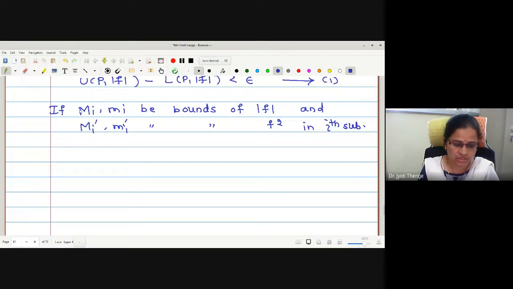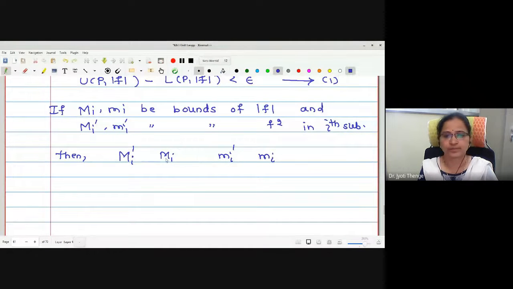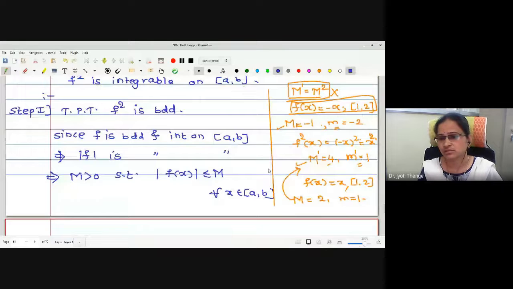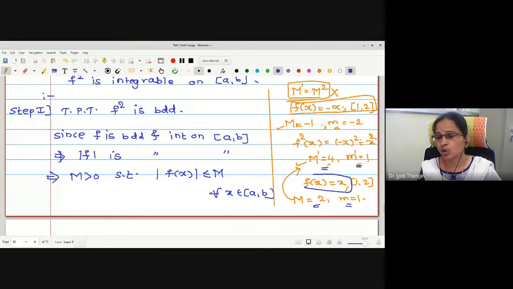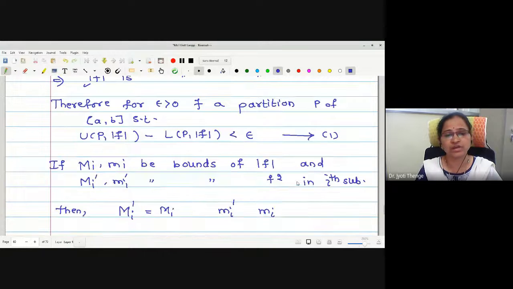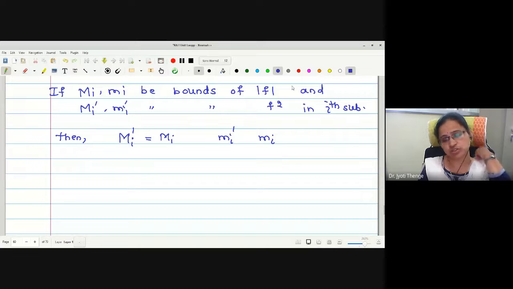What is the relation between Mi dash and Mi, and small mi dash and small mi? As we have discussed with this example, here you can see directly the square: M dash is directly M square, small m dash is directly small m square, provided the function is non-negative. This function is non-negative, and here we have already written the function is mod f, which is surely non-negative.